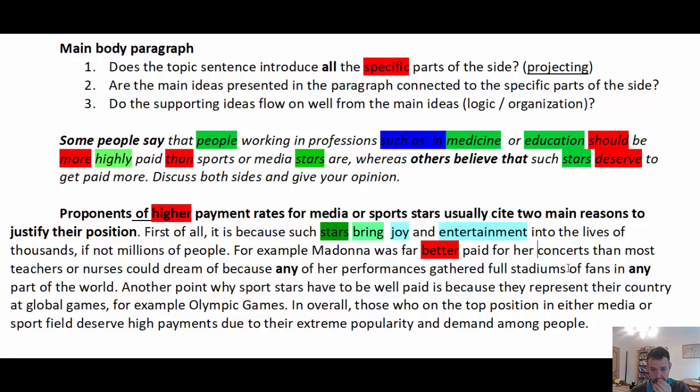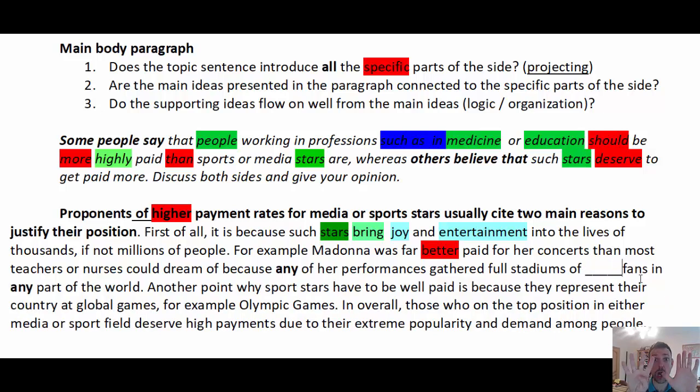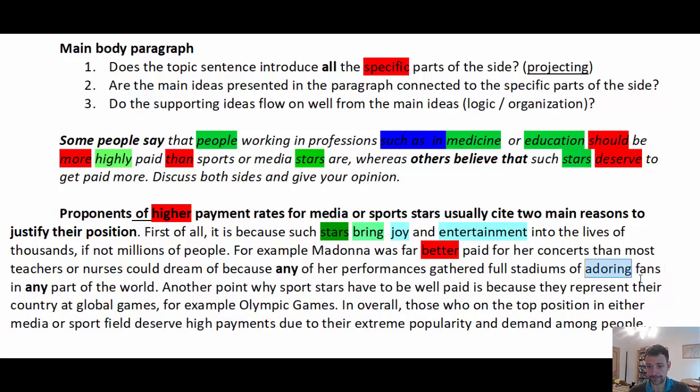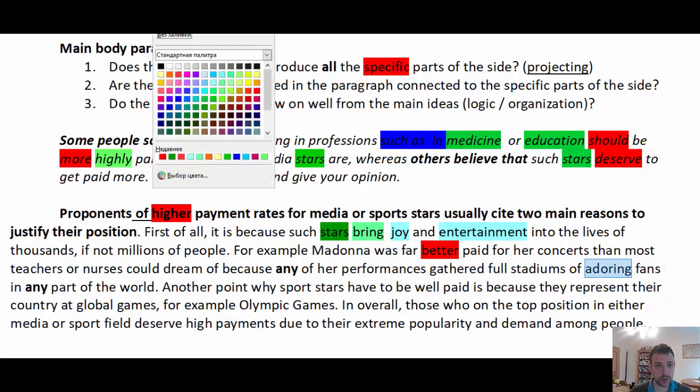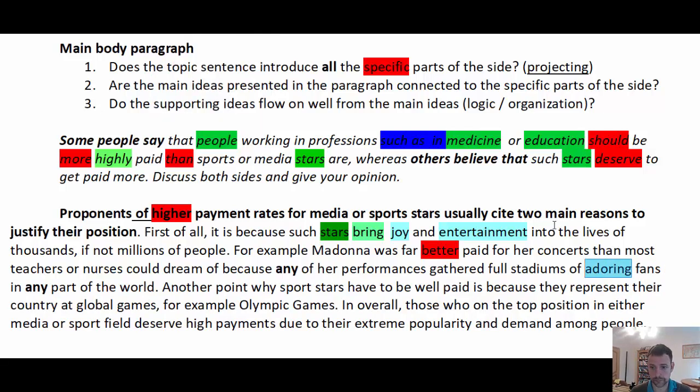And it gathered full stadiums of, maybe with fans, again looking how can we get a 9? With fans, that's already, that means they like it. It means it's entertaining. But we could say adoring fans. And so that idea of adoring, if you don't know, adoring means really like.